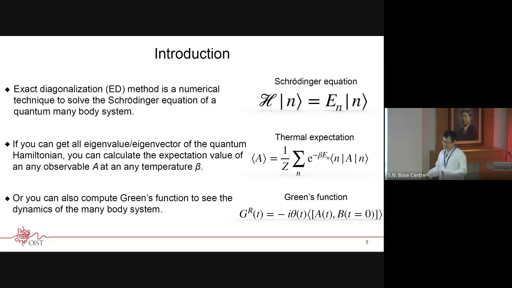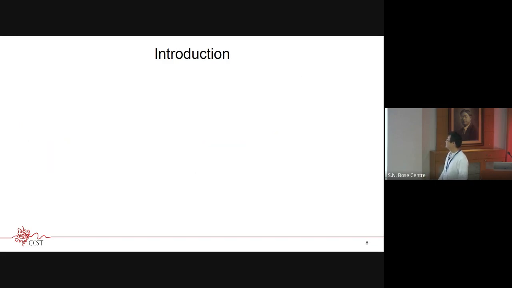And you can also evaluate the spin dynamics or dynamical features by using the Green function with the eigenvalues and eigenvectors. If we could do this for any lattice size, that would be very nice, but we cannot, unfortunately.